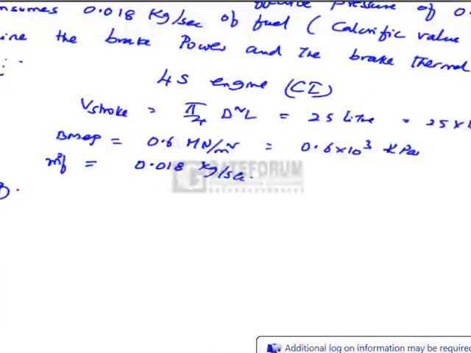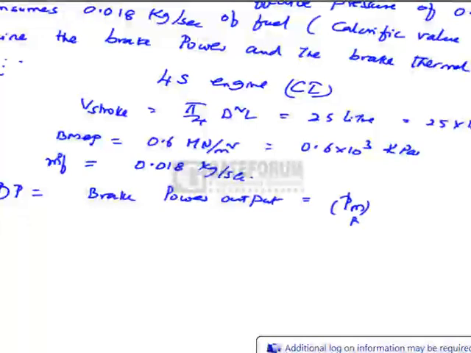Because the brake mean effective pressure of the engine is given, the brake power output of the engine is brake mean effective pressure into LA, that is stroke volume, into N by 2 by 60. Because it's a 4-stroke engine, I have written N by 2 and into 1, where only one cylinder is there, a single cylinder diesel engine.